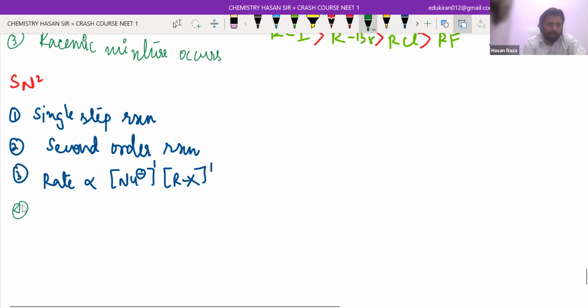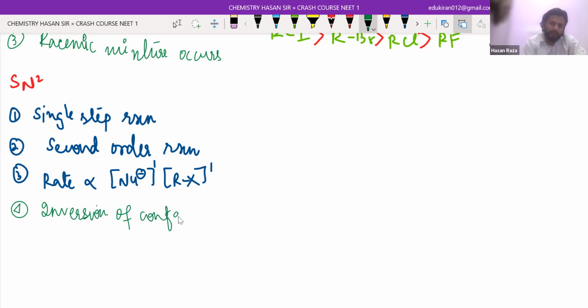And the fourth one is inversion of configuration takes place. Now, why does inversion of configuration take place? I'm going to explain with the help of an example. As you can see, there is C, X is there, R is there, R is there, and R is there.